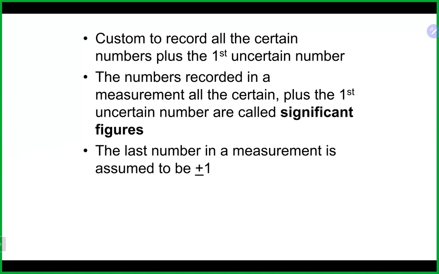So that's also a really important thing to remember: the uncertainty in the measurement, when you look at a number, does not always have to be the last number that's written. A lot of times it is the last number written, maybe about 99% of the time. But it will not always be the last number that's written where the uncertainty or estimation is, but it will always be the last significant figure that's written.